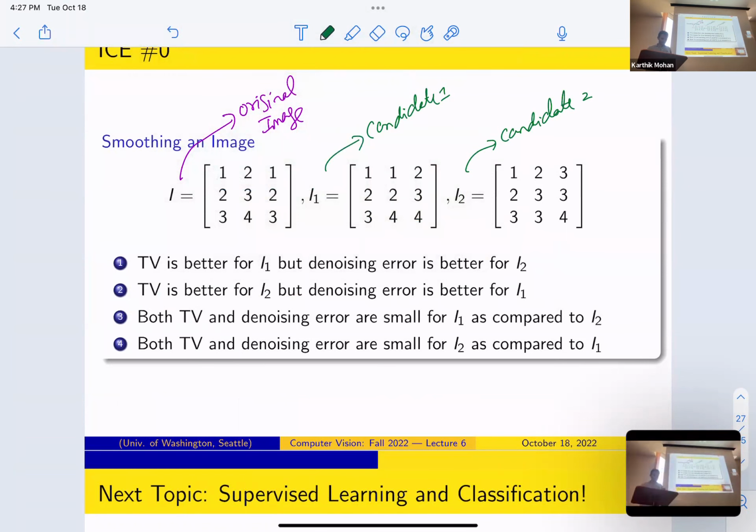You want to see which is better, like, is the total variation better? Which means that it is smoother. So here TV is better means the TV is measured by dy of, let's say, I1. TV1 is dy of I1, L1 and all that. TV2 is dy of I2.